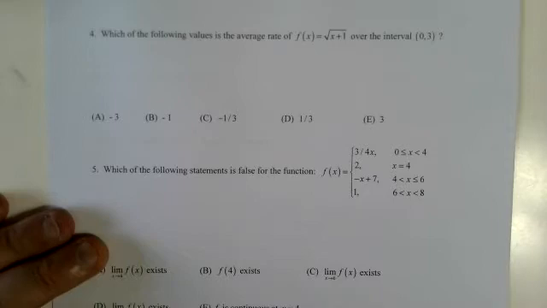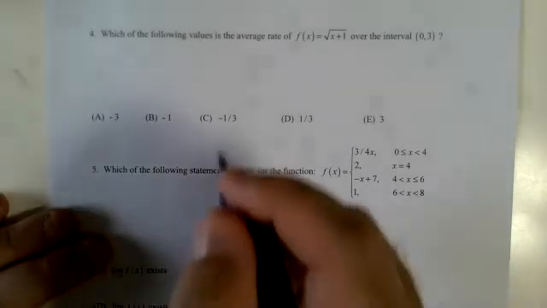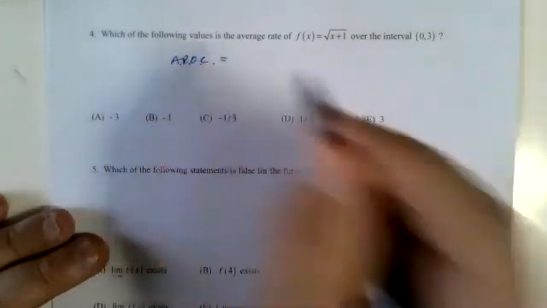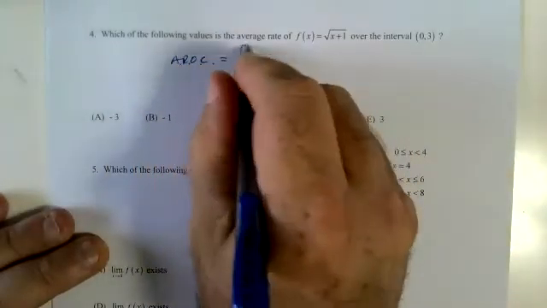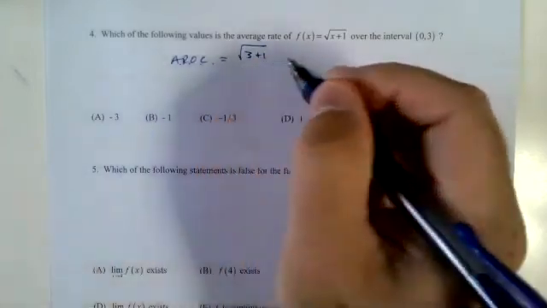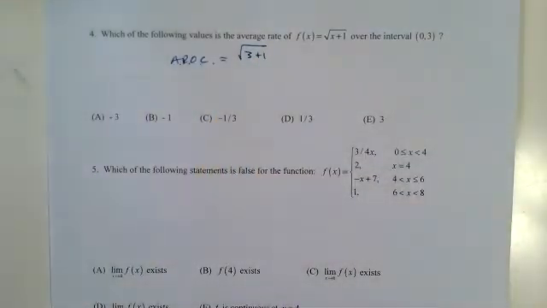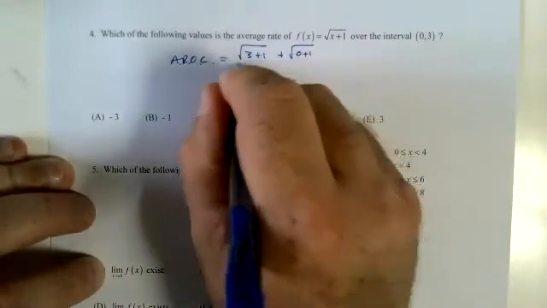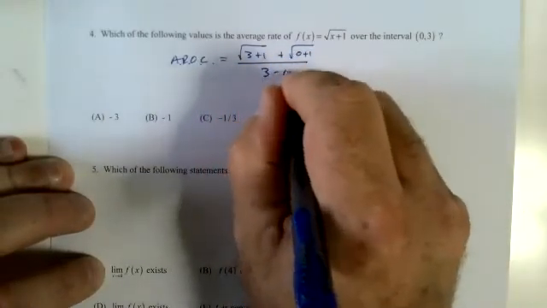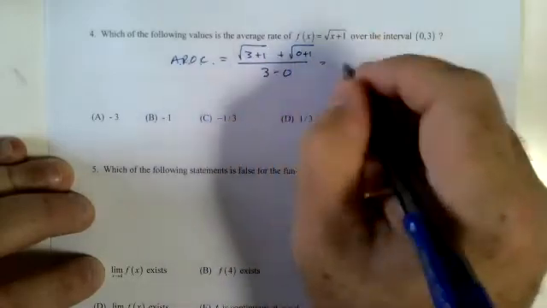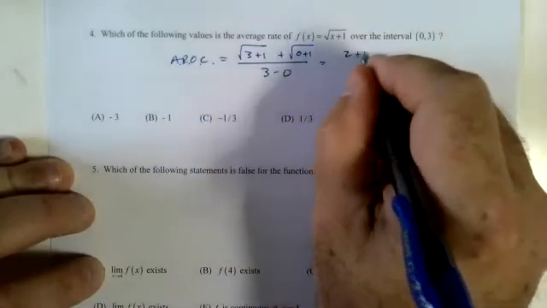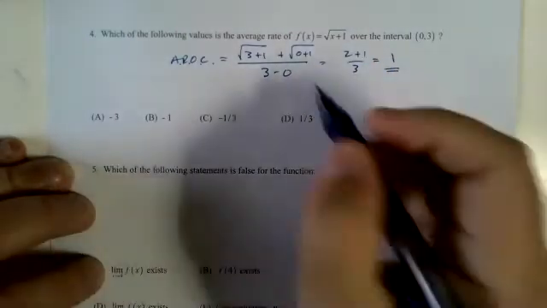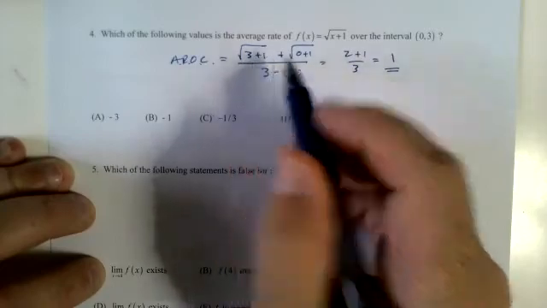Which of the following values is the average rate of change over the interval? Oh boy, we've done a lot of this. Plug in 3, square root of 3 plus 1, plus square root of 0 plus 1, over 3 minus 0. 2 plus 1 over 3.